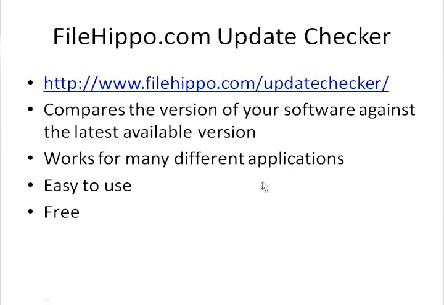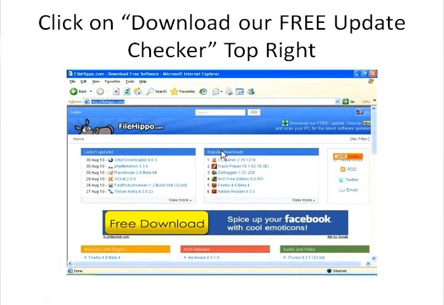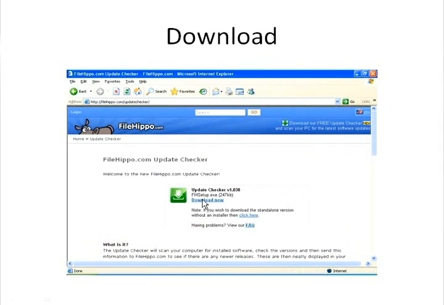The nice thing about it is it works for many different applications. It's not just Microsoft applications. And it's easy to use and it's free. If you just go to filehippo.com, you see here in the top right hand corner, download free update checker. Just click on download now.